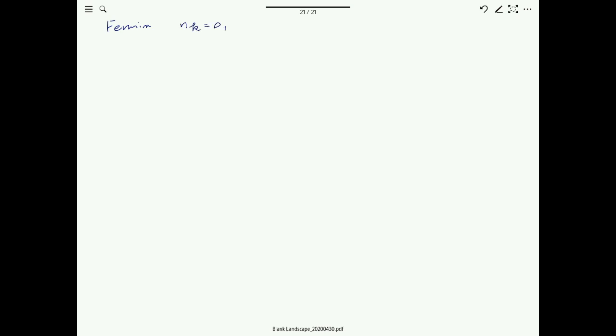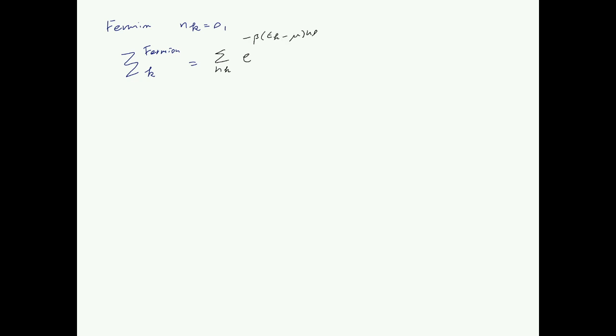So your grand partition function for a fermion basically has only two terms. n_k equal to 0, you get 1. n_k equal to 1, you get exponential of −β(ε_k − μ).